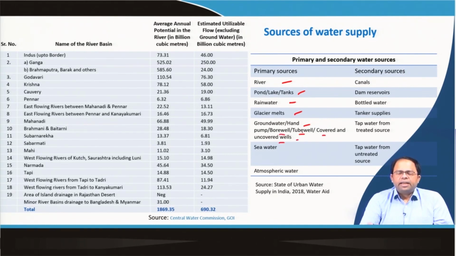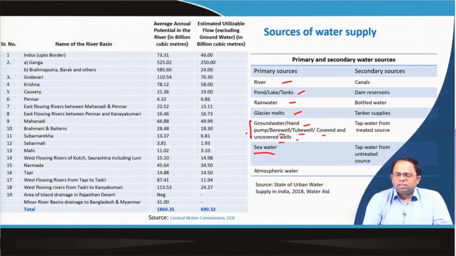So, these are the different kinds of surface water and groundwater sources used in urban areas, and it could also be sea water. In places like Singapore or the UAE, we have seen that they utilize a lot of sea water. They remove the salt and then they can actually use it.